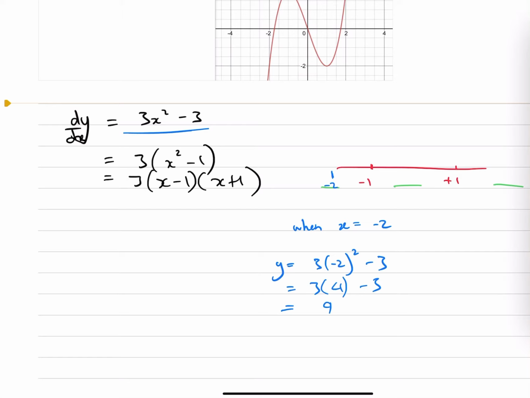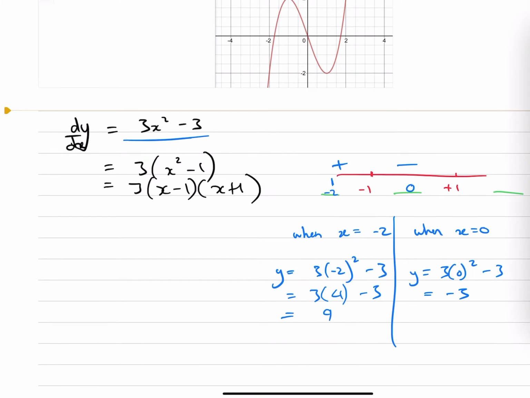All I care about is whether it's going to be positive or negative. It's going to be positive. I want to check between minus 1 and 1 somewhere, and the easiest number is going to be 0. So when x equals 0, y equals 3 times 0 squared minus 3, which is minus 3, which is the important part: negative.